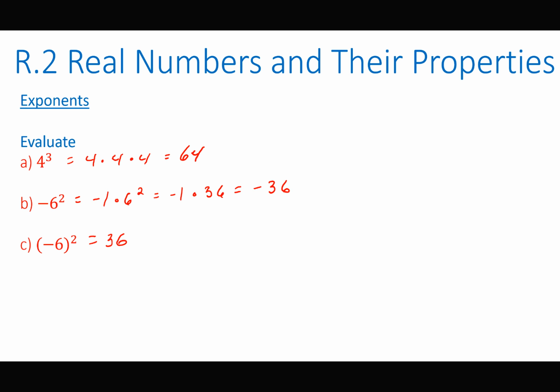Because if you just type in -6 squared in your calculator without parentheses, it's going to tell you -36. But more often than not, we want it as parentheses of -6 squared. And we know if we square any number, it's going to be positive. But this one, -6 squared here in B, is really saying -1 times 6 squared.